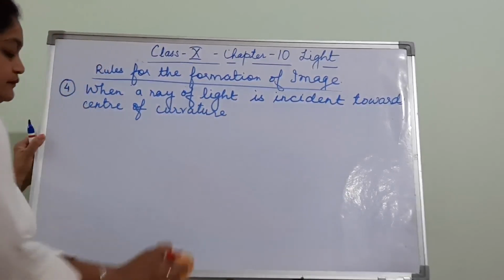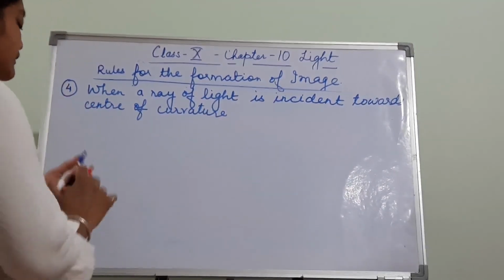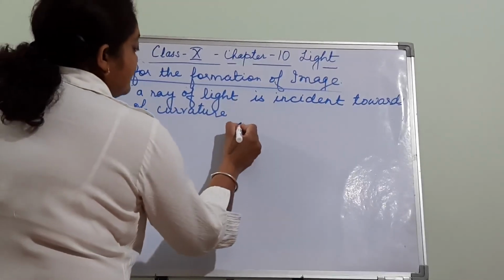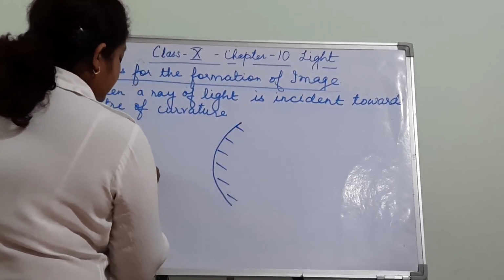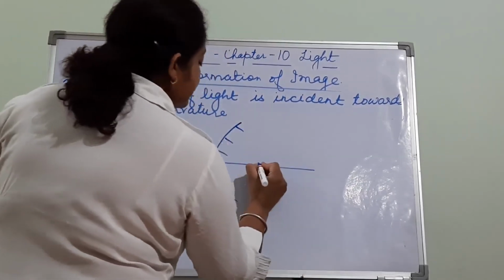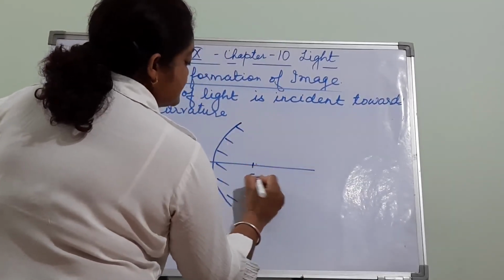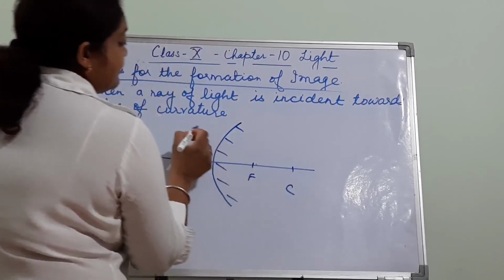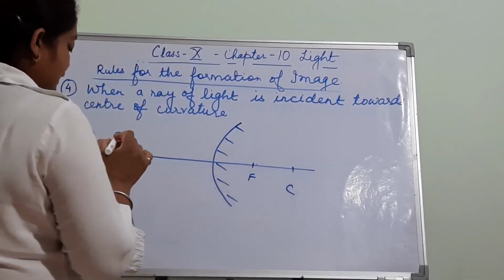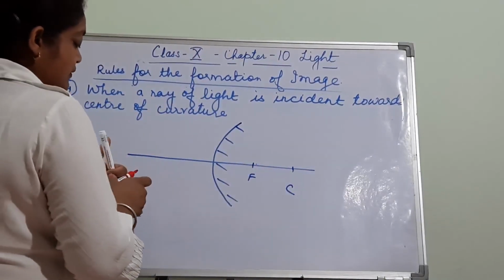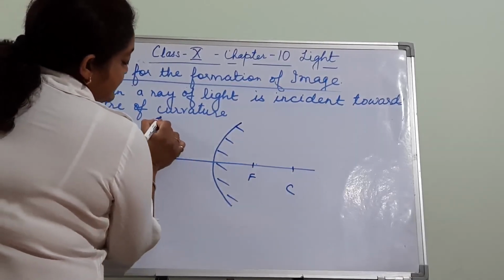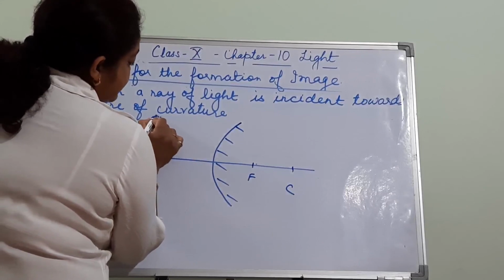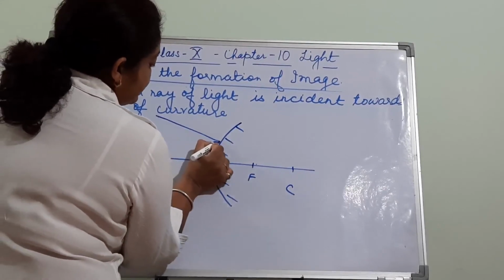So this is a convex mirror, principal axis, focus, and center of curvature. Now I am taking a ray which is incident in such a way that it appears as if it will pass through center of curvature.